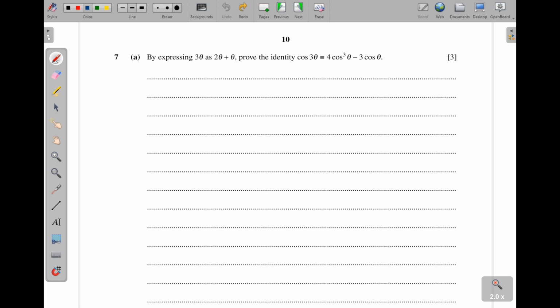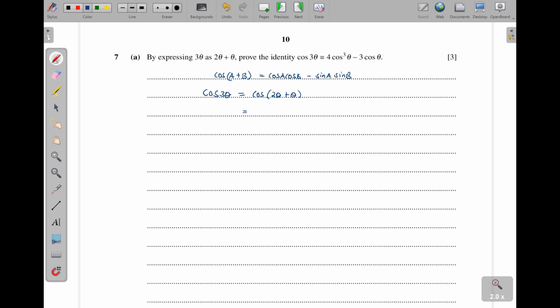Okay, so cos 3 theta is going to be equal to cos of 2 theta plus theta. Now we know that cos of a plus b, when you check in the list of formulae, is equal to cos a cos b, then minus sine a sine b.